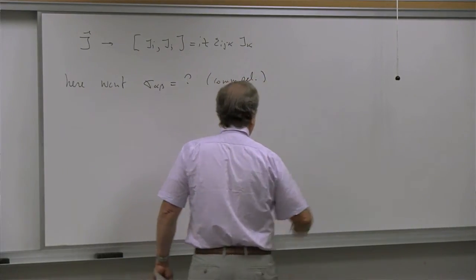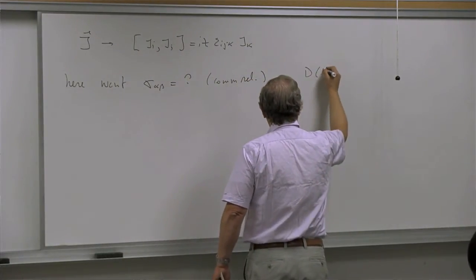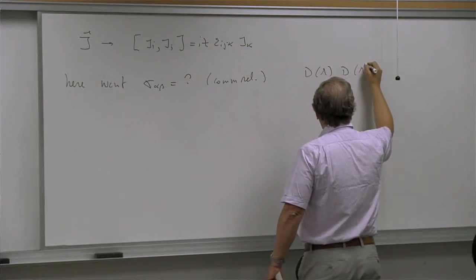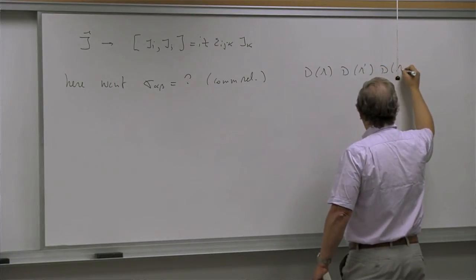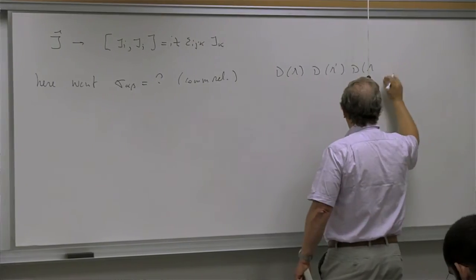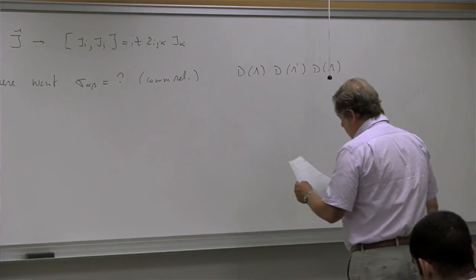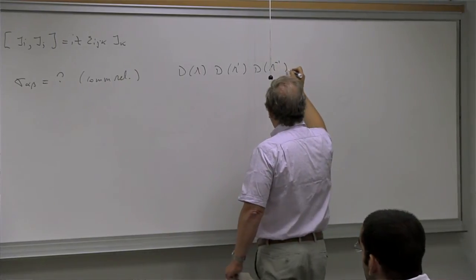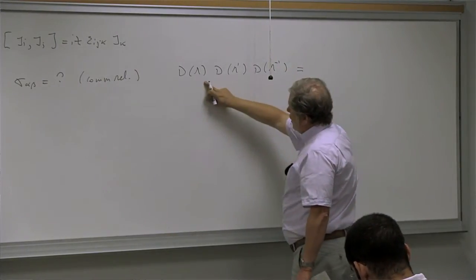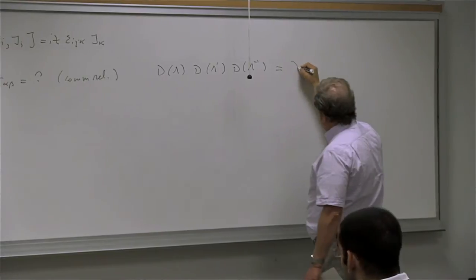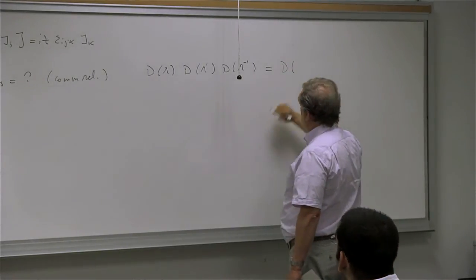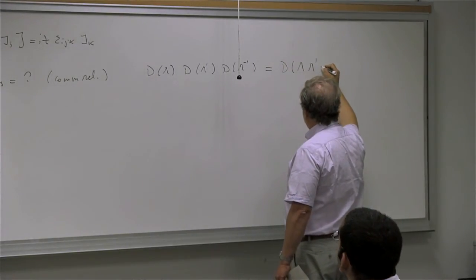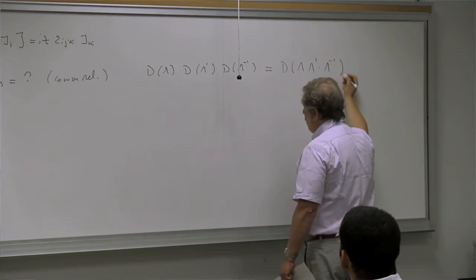To get the commutation relations, you calculate D of lambda prime and D of lambda to the minus 1, or lambda again. You compute the product of 3, in this form, lambda to the -1. Because these are all Lorentz transformations, this should be the same as the D that corresponds to the product of lambda times lambda prime times lambda to the -1.